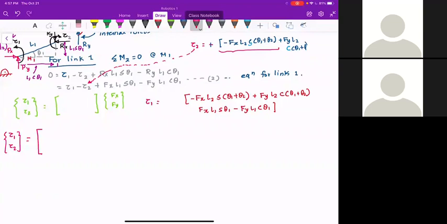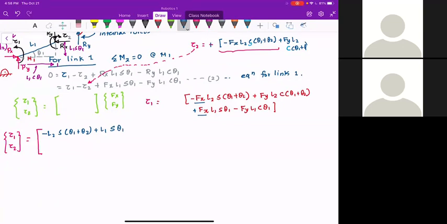So tau 1 is equal to, I'm going to combine these fx values together. So this will look like minus L2 sine theta 1 plus theta 2, plus L1 sine theta 1.